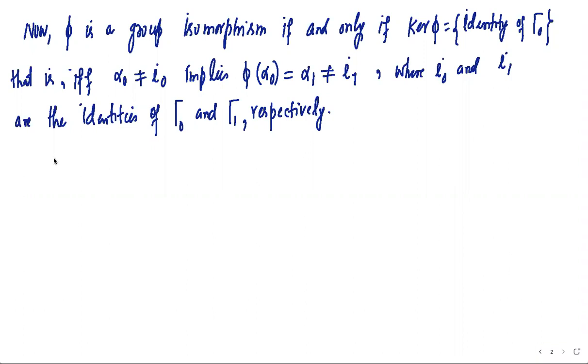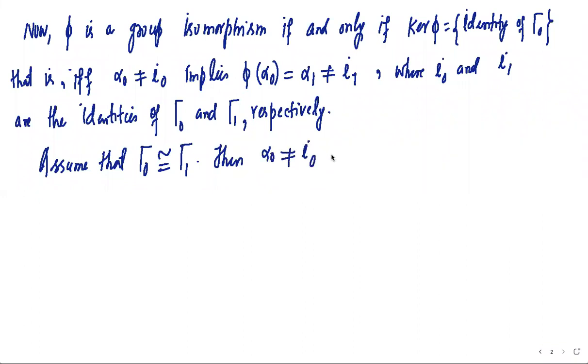So the necessary part is, assume that gamma 0 is isomorphic to gamma 1. And once we have the isomorphism, then we can use this definition. So then alpha 0 is not equal to I0 implies alpha 1 is not equal to I1.